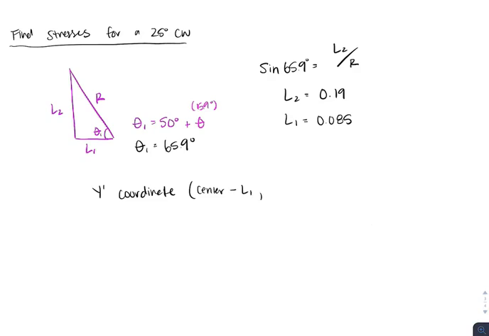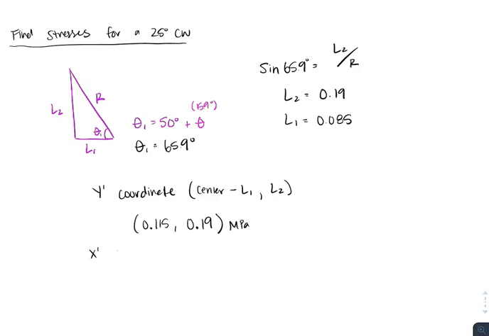And then our height, which is where our shear stress is, is just going to be our L2 term, because our L2 is just from the axis all the way to the point. So if you do that math, the center minus L1 will get you 0.115 and 0.19 MPa. So that's our coordinate for our y prime.